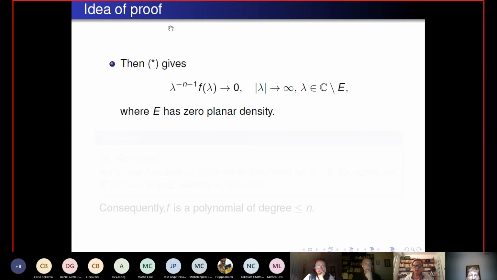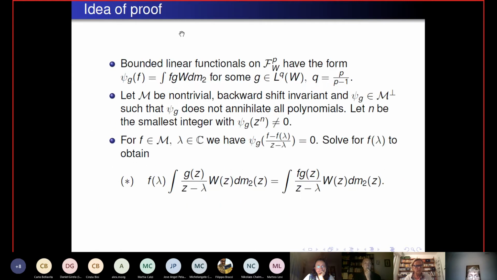And now maybe I should go back to this relation. So now I know the development at infinity of this and of this. And if I look at what I got, this one goes like 1 over lambda to a certain power, it would be n+1, and this goes to 0. So this means f of lambda must be smaller than lambda to the n if you go to infinity.